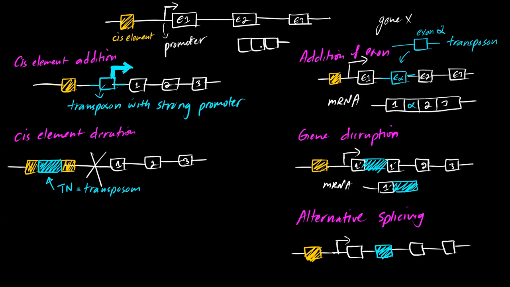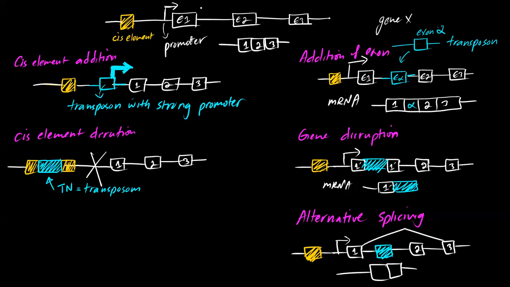This is the normal mRNA, exon 1, 2, 3. But because of the presence of this transposon, sometimes the presence of the transposon will make the splicing machinery skip one of the exons. So now the mRNA will only consist, for example, of the first.